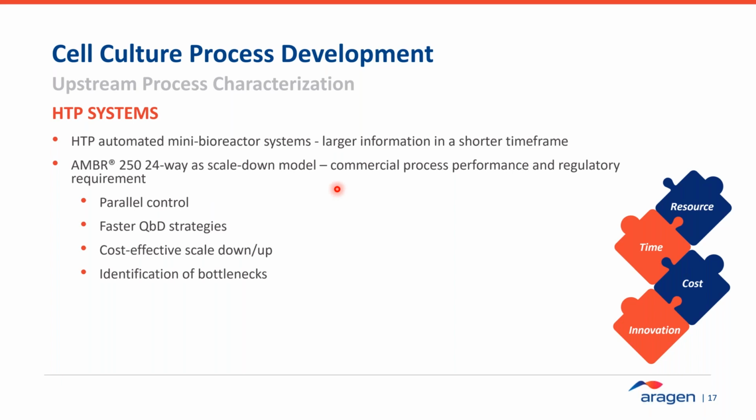Our Ambr 250 platform enables control of up to 24 reactors, faster implementation of quality by design, cost-effective process scale up and scale down. And finally, it can help with the identification of process bottlenecks for re-engineering process steps or ingredients.